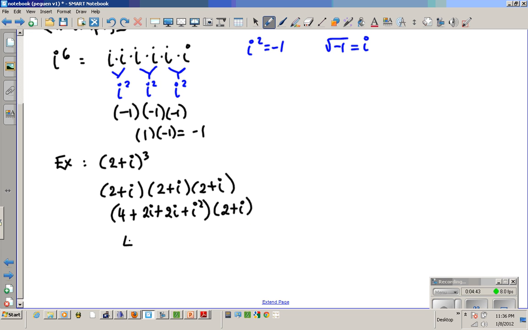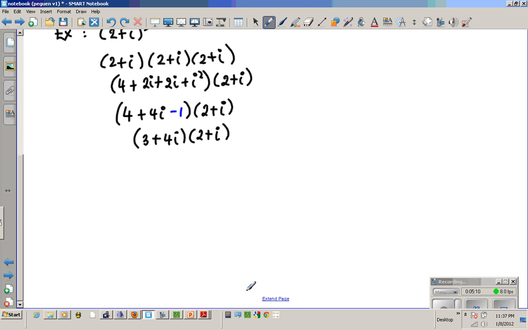So this becomes 4 plus 4i, and then i squared is negative 1, minus 1, and times 2 plus i. And then combine the 4 and negative 1, you have 3 plus 4i times 2 plus i. Alright, now we have two complex numbers in rectangular form, so we're going to multiply again.